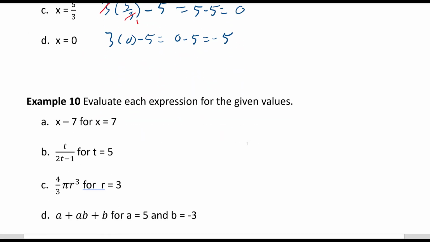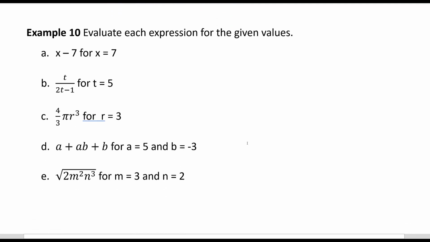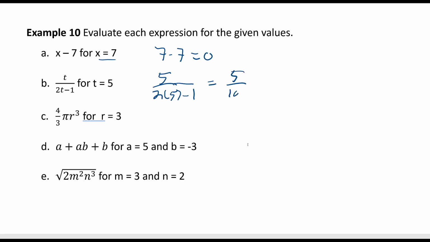Let's try the next one. Evaluate each expression for the given variables. x minus 7, we're going to evaluate this for x equals 7. So 7 minus 7 equals 0. Put a 5 in here for the t. So we have 5 over 2 times 5 minus 1. That's 5 over 10 minus 1, or 5 over 9.